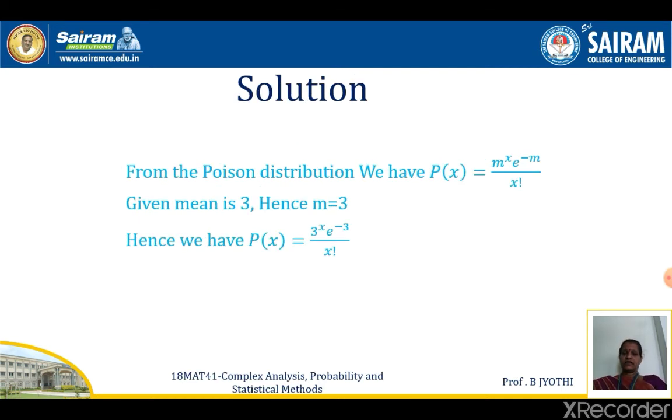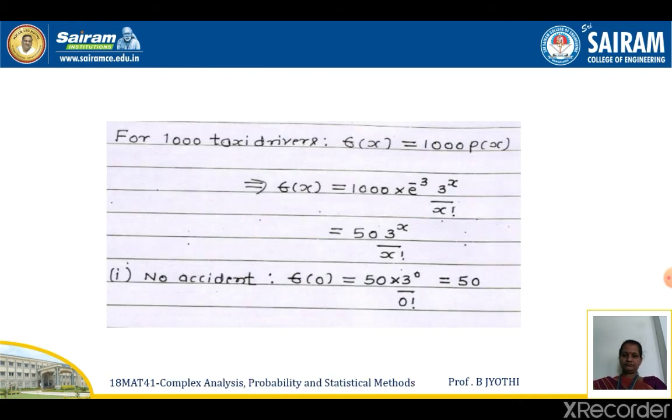These are the things we have to calculate. Let us see how the given data is. And we know the formula is p of x is m power x into e power minus m by x factorial. Given mean is 3, hence m is equal to 3. So we have 3 power x e power minus 3 by x factorial. For 1000 taxi drivers, we have to multiply the p of x with 1000. That we will now name as f of x.